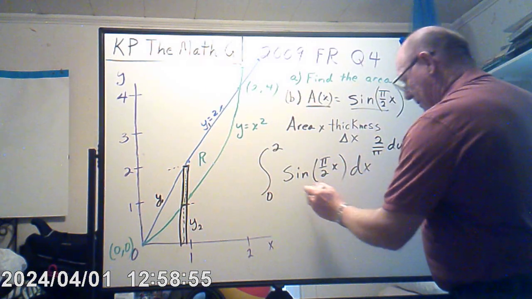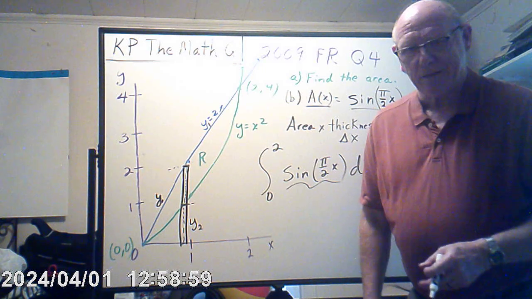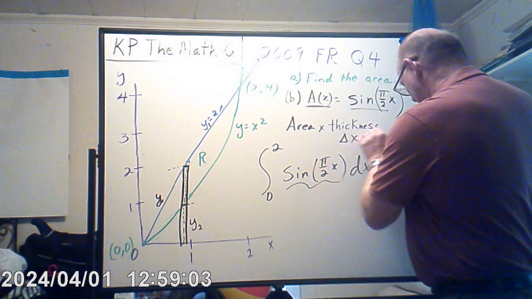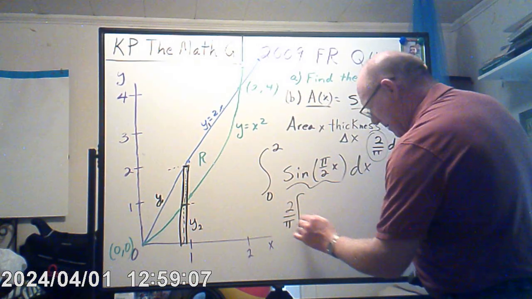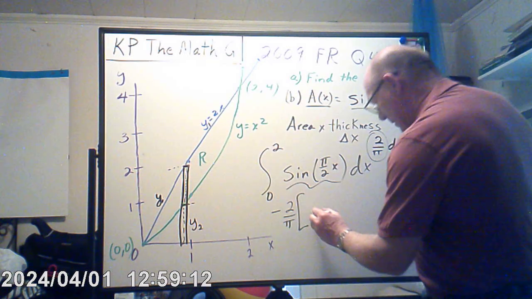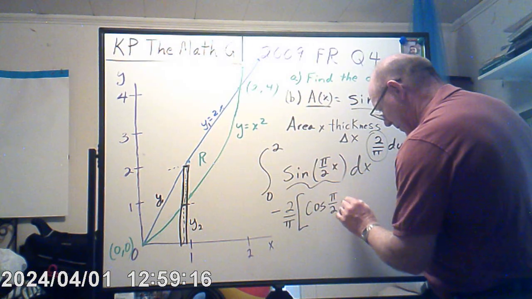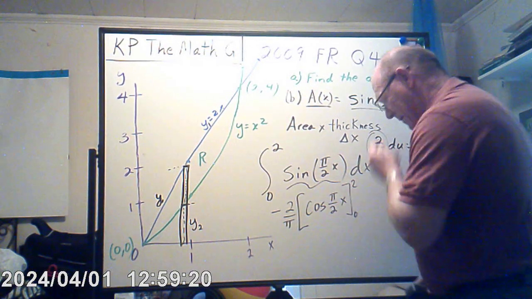If you know the antiderivative of sine is negative cosine, you can simply put the negative in front. So 2 over pi times negative cosine of pi over 2 x, and remember we are going from 0 to 2.